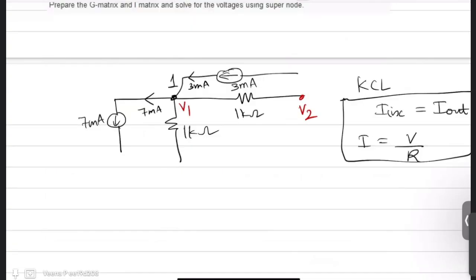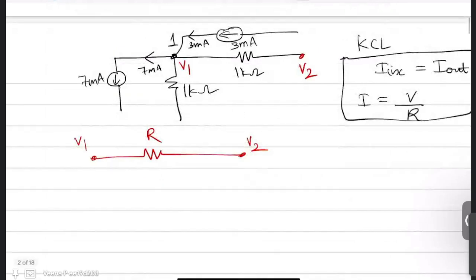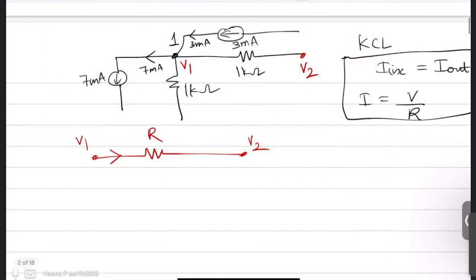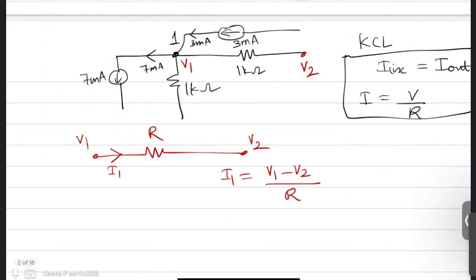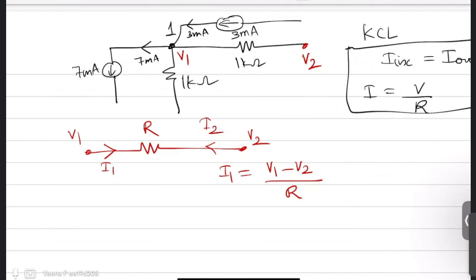Now the current through a resistor whose potentials at both ends are V1 and V2: if you assume the current direction from V1 to V2, say I1, then I1 is given by V1 minus V2 by R. Now say I assume the current to be the other way, say I2, then I2 will be V2 minus V1 by R, because current always flows from higher potential to lower potential.